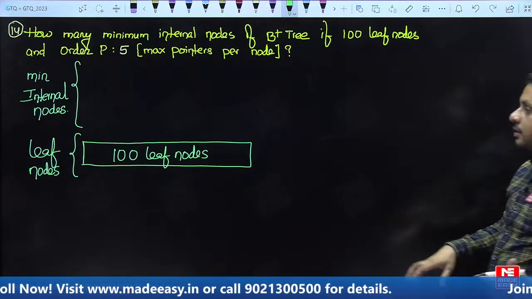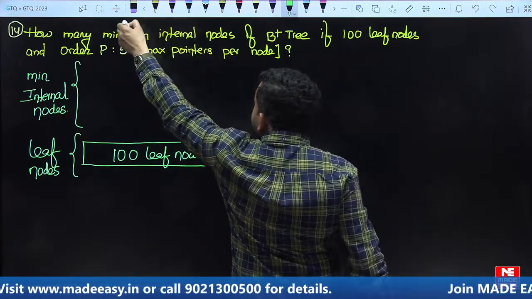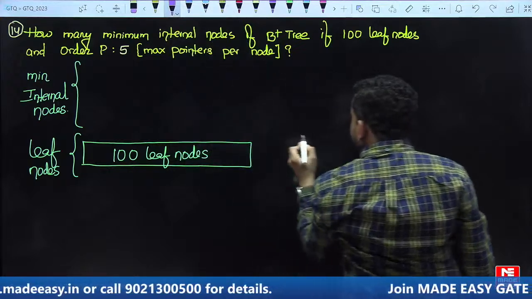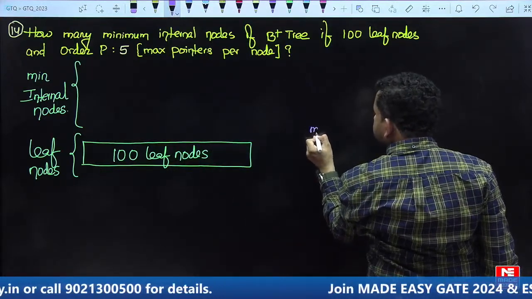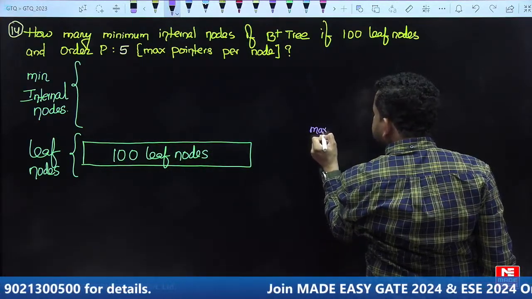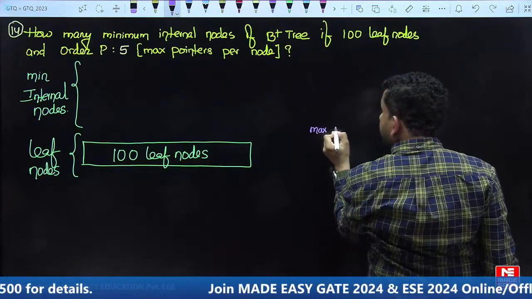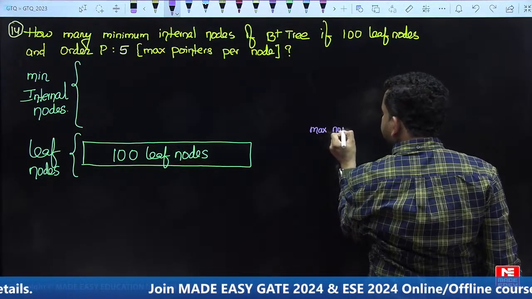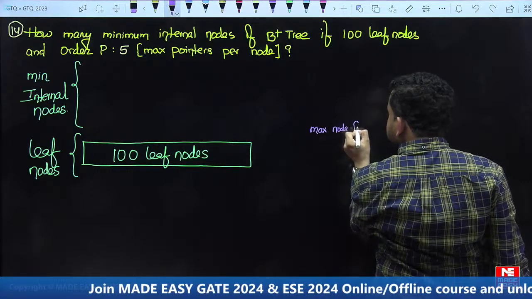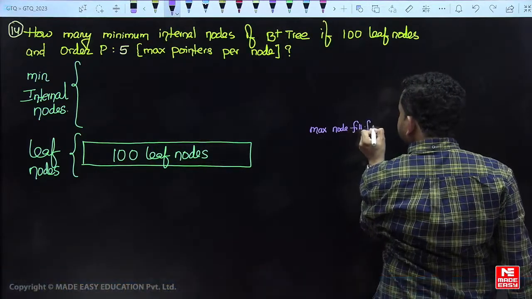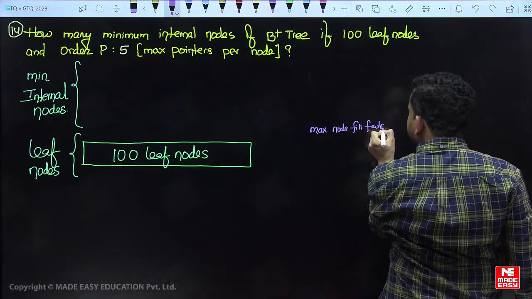Okay. So to get the minimum internal nodes, we have to consider the maximum node filling factor, because we need minimum nodes.